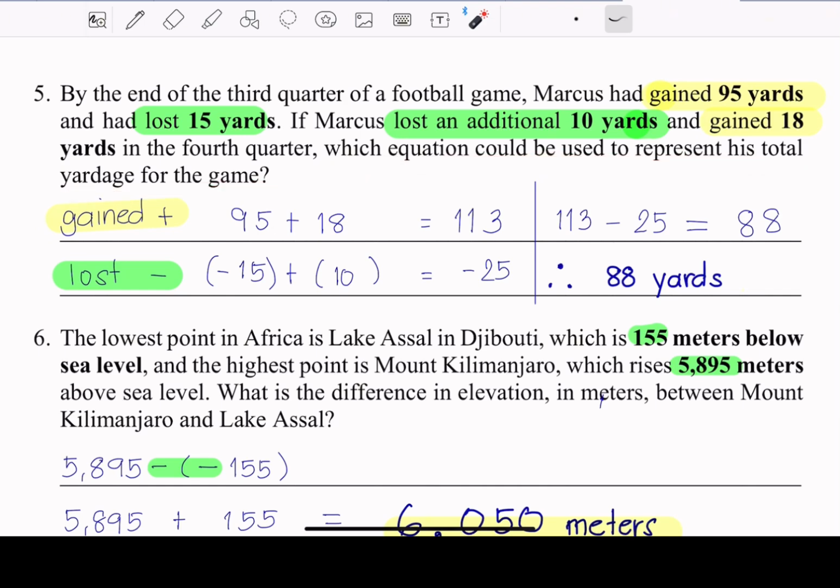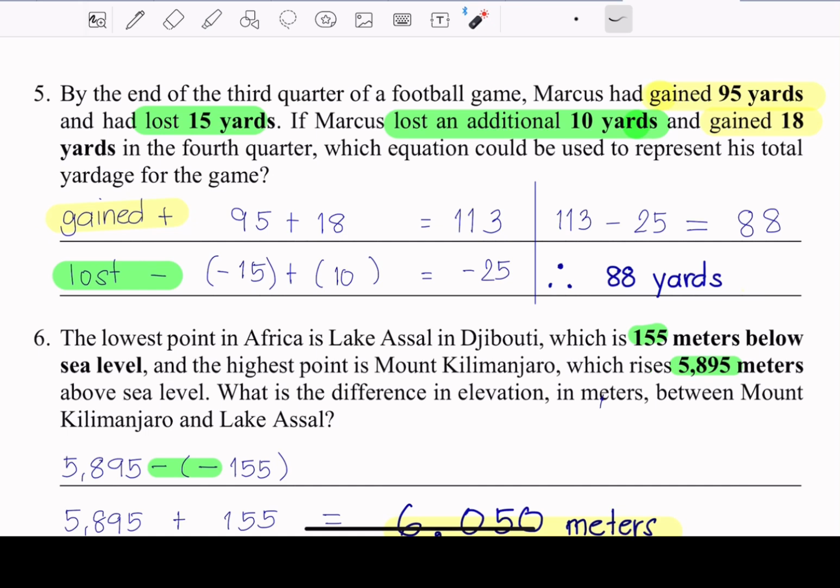First is to find the keywords, and here we have gained. Gained is positive, lost is negative, meaning we have two gained values, 95 and 18. So 95 plus 18 gives us 113. Lost is 15 and lost again is 10.